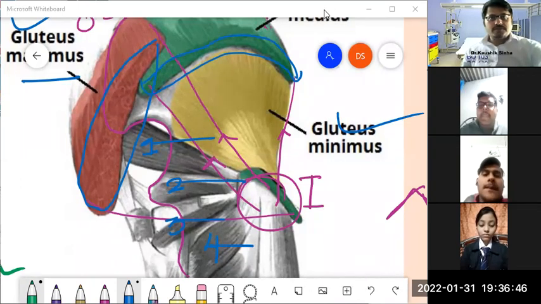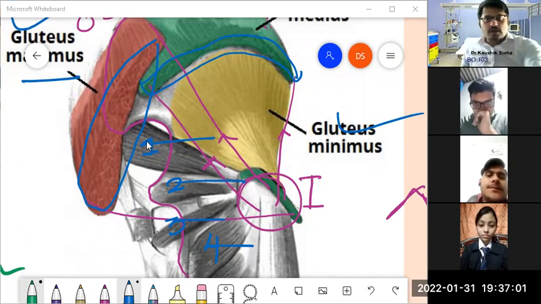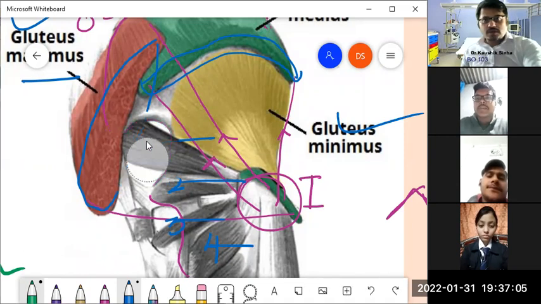Now let me explain that in this diagram, the 4 small muscles are present at an even deeper layer. You would probably notice in this particular area the origin of the muscle that I have named as 1. Let me erase some of my earlier annotations.